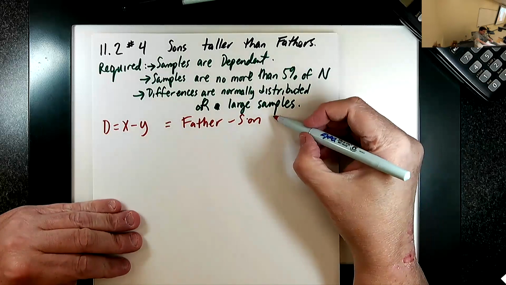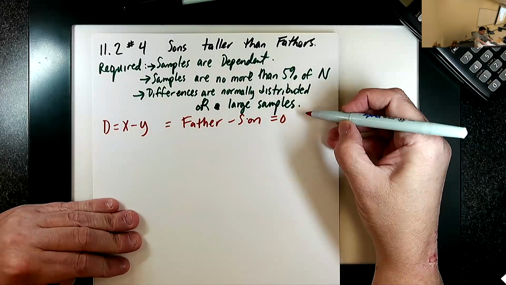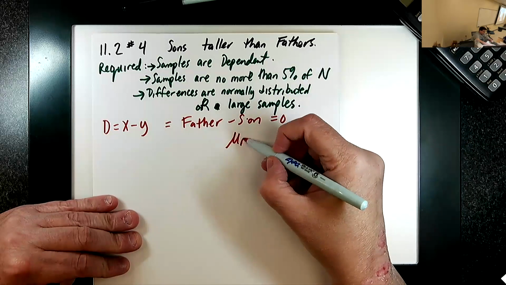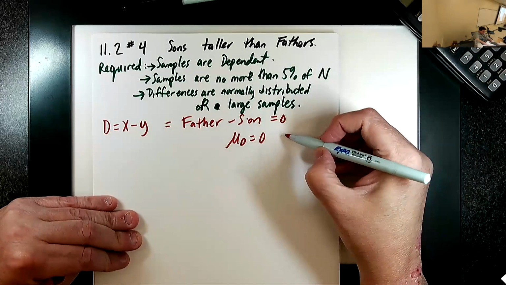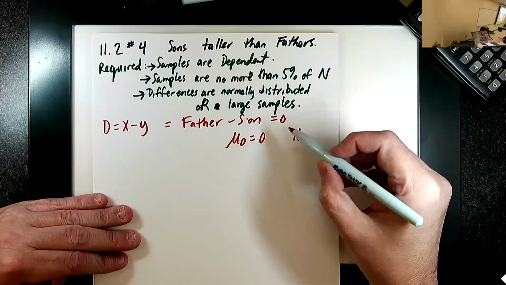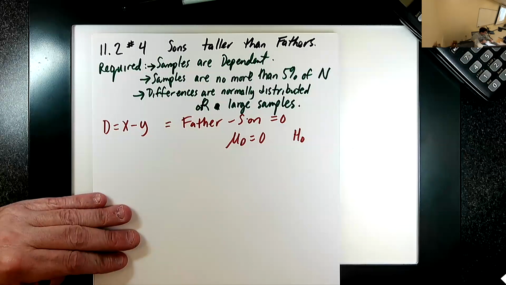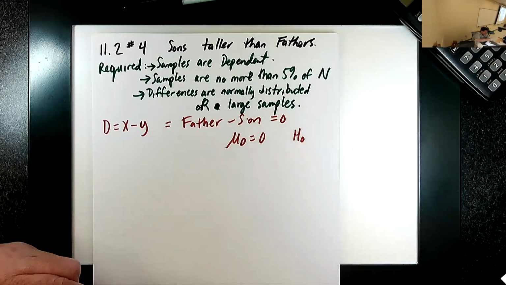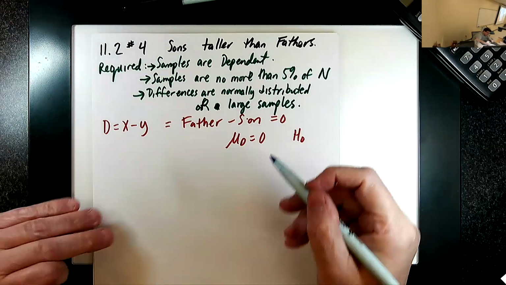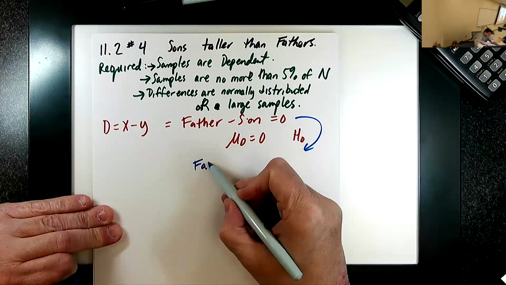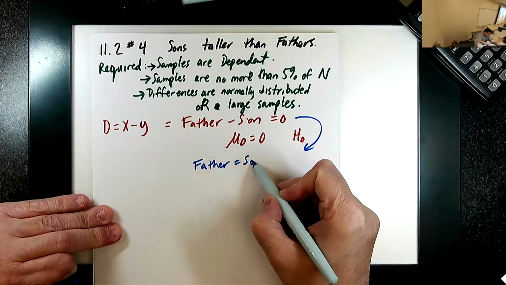That's going to be our null hypothesis. Father minus son. So our mu D equals 0 is set up like father minus son. The question is, what symbol should I use for HA? Now, I think this is an easier way to look at it. From here, if we add sons to both sides, I've got father equals son. That's like the default.